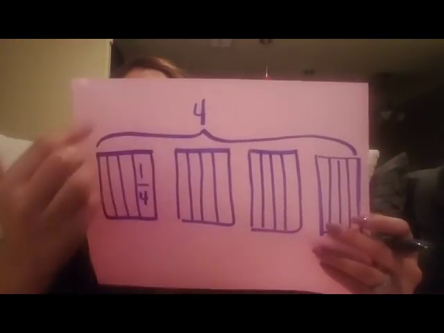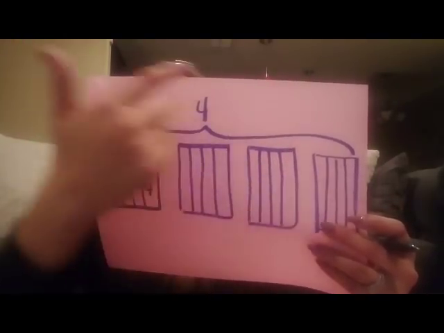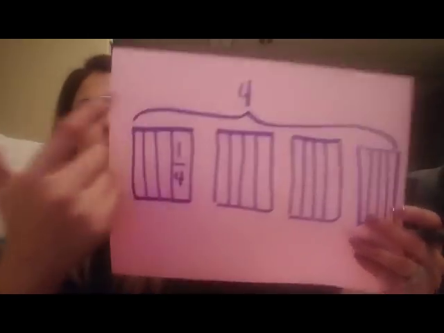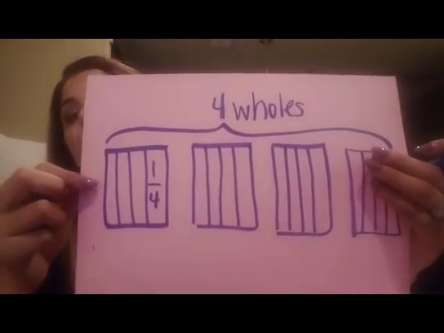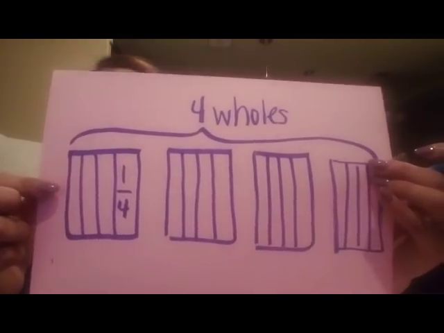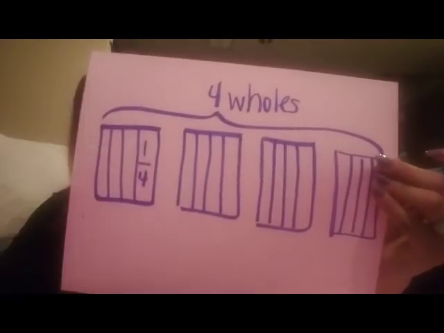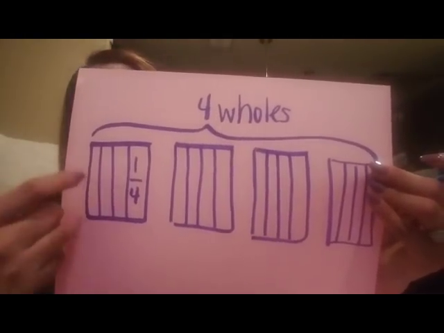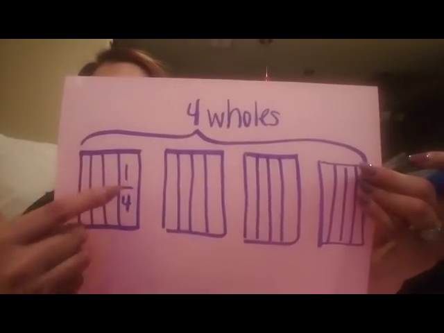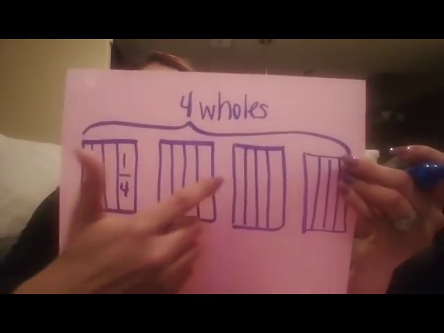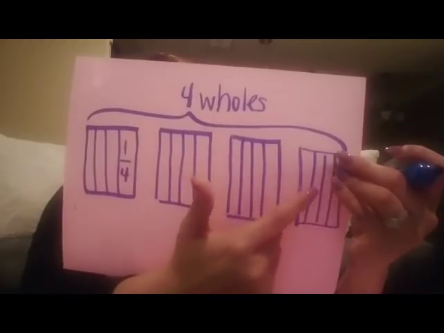So this right here tells me that all the way from here to here equals 4 wholes. Okay? We have 4 wholes. And clearly this 4 wholes has been broken up into several pieces. It's been broken up into 4 parts, and each one of those 4 parts is 1, 2, 3, 4, 1, 2, 3, 4, 1, 2, 3, 4, 1, 2, 3, 4.